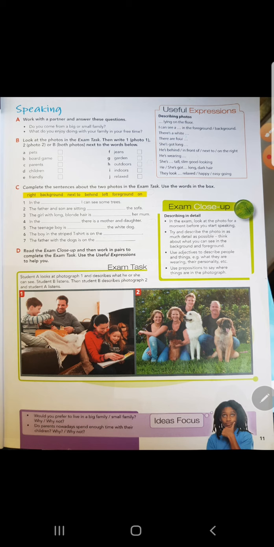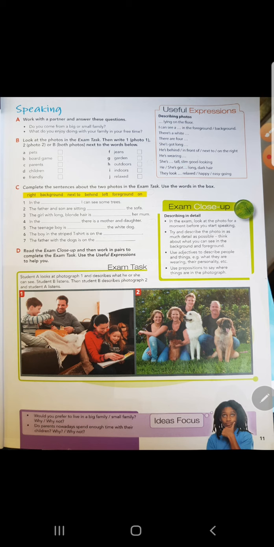There is a white. Here we give details. Also, there are four. For example, there are 4 tables, etc. She's got long hair, for example. He's behind, in front of, next to, on the right. So this is the position.